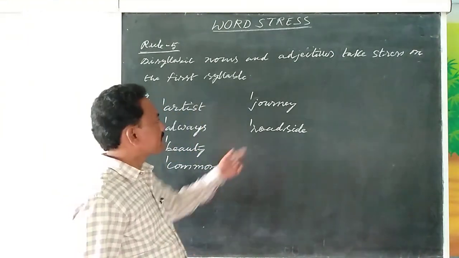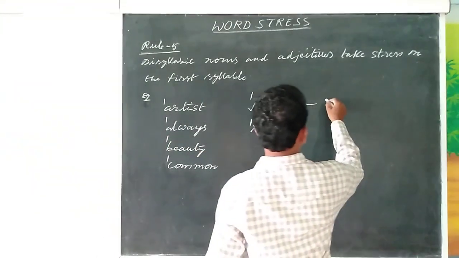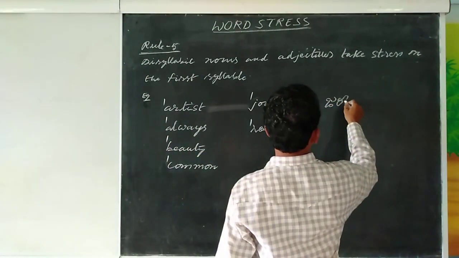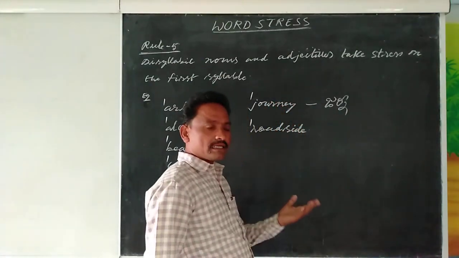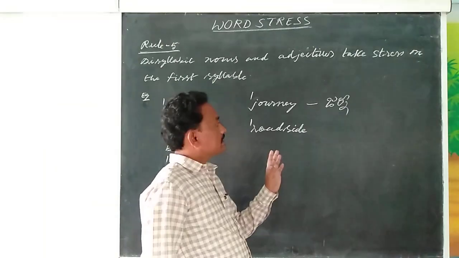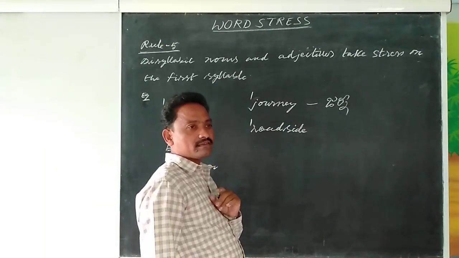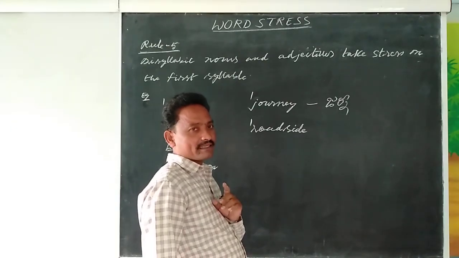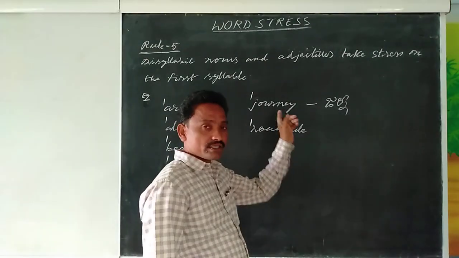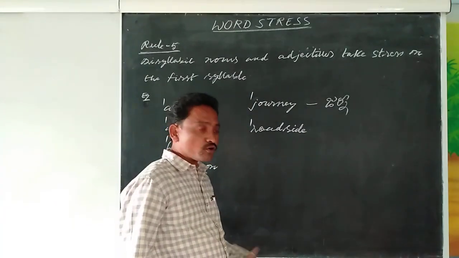Common. Next, journey. You know, in Telugu, journey. But in English, it's not possible. If you pronounce that word according to Telugu accent, it's not a correct way. So that is why journey. Next, roadside.